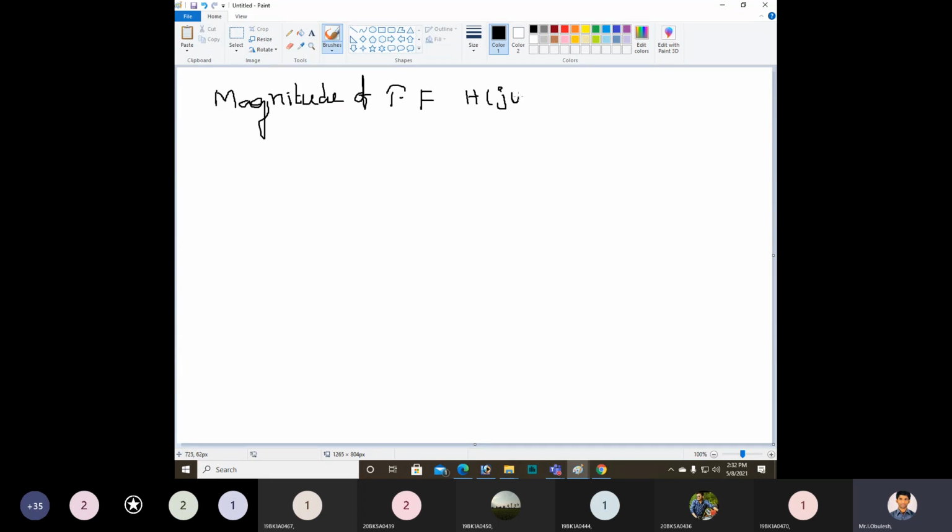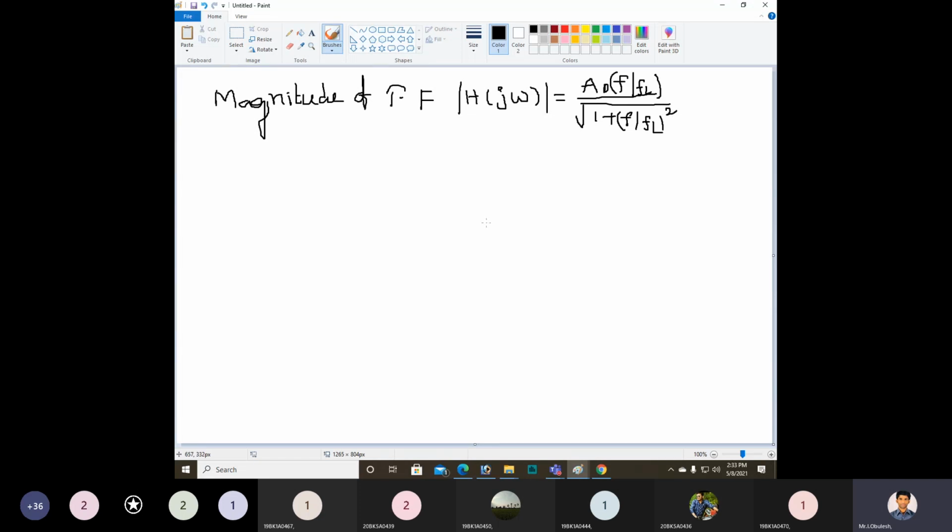Since it is a magnitude, if we have any negatives they become positive. It is equal to A naught times f by fL, divided by the square root of 1 plus f by fL whole square.